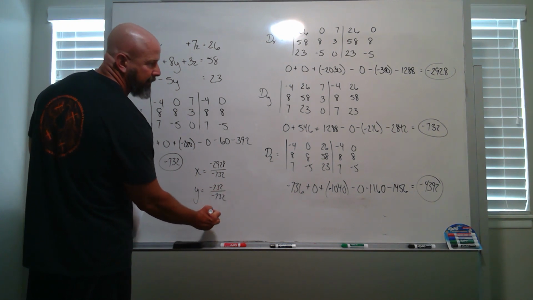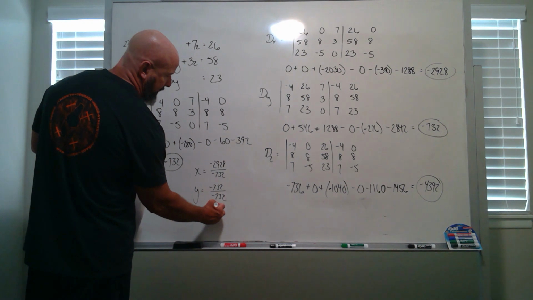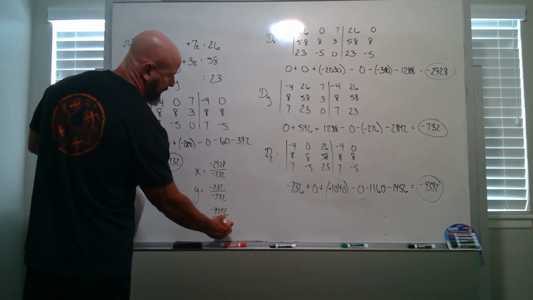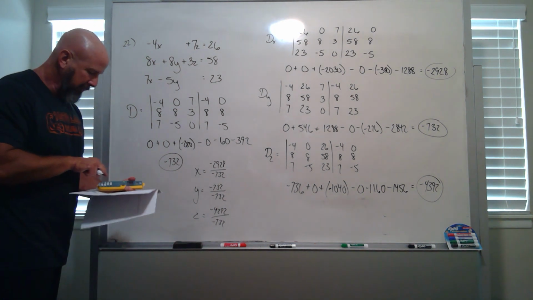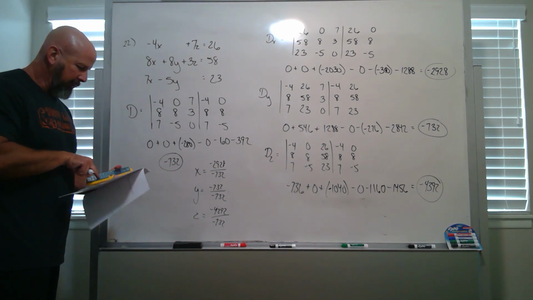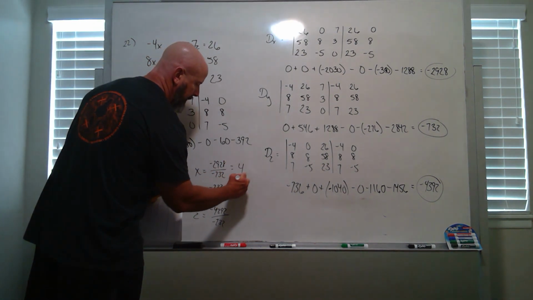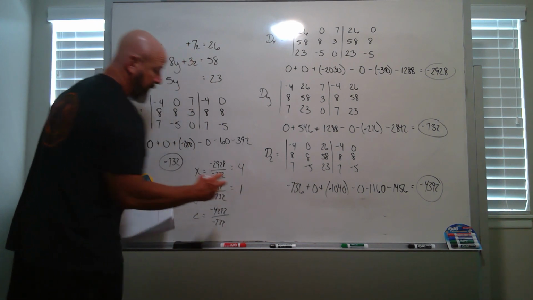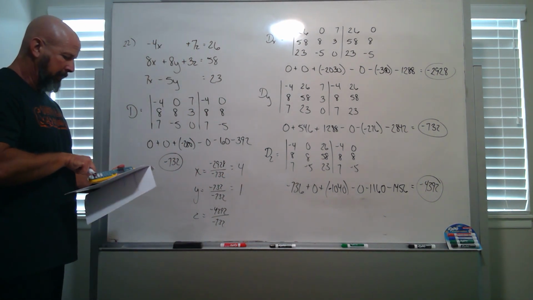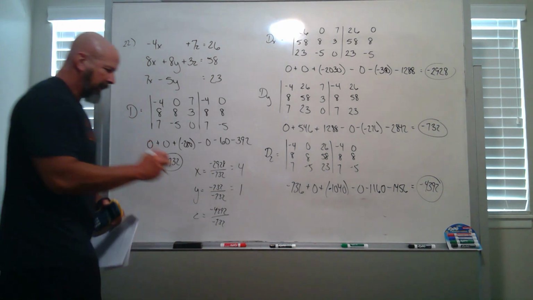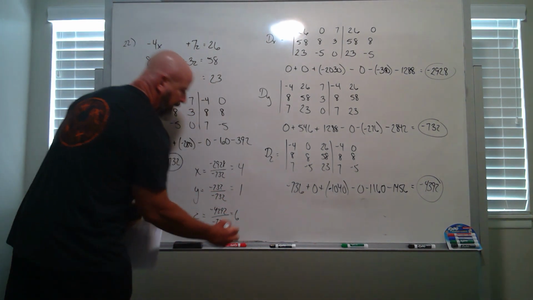And the z would be negative 4392 over negative 732. So those values would be, let's see, we got a 4 for x, a 1 for y, and a 6 for z.